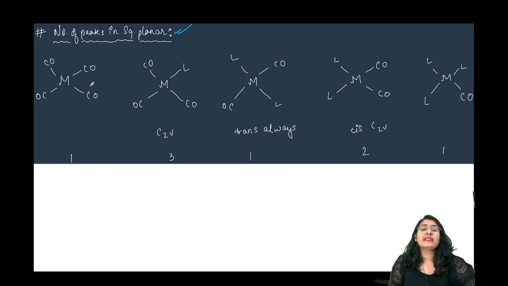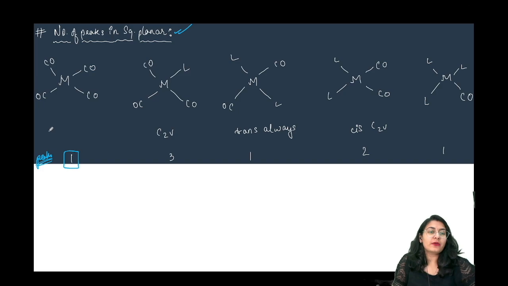Now again, as I told you, when all of the carbonyls are present in a perfectly symmetrical system like this, the number of peaks is going to be equal to 1. Okay? However, when the point group changes, how did it change? We put a ligand in place of one carbonyl. That is going to be C2V.